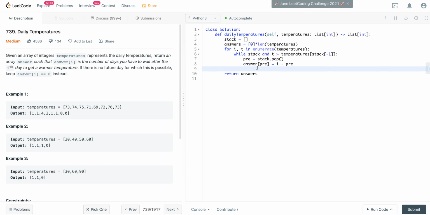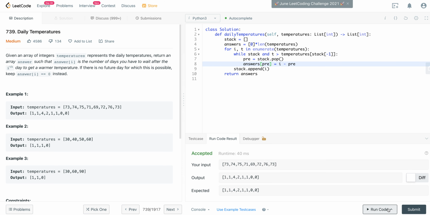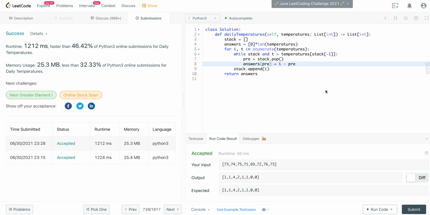Then if you append the current one, it will still be a monotonically decreasing stack. So now you can append it. So that's the answer for this question.